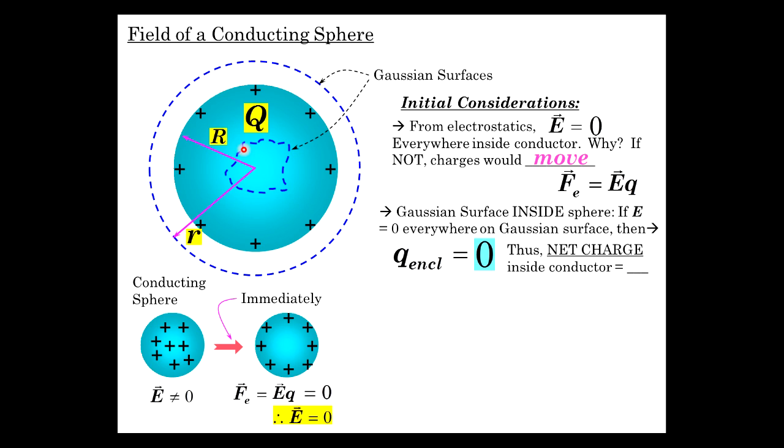Because if Q enclosed by this Gaussian surface is not 0, then there will be an electric field on this Gaussian surface, and there can't be. So the net charge inside the conductor has to be 0, and that's going to be true anywhere inside the material of the conductor itself.